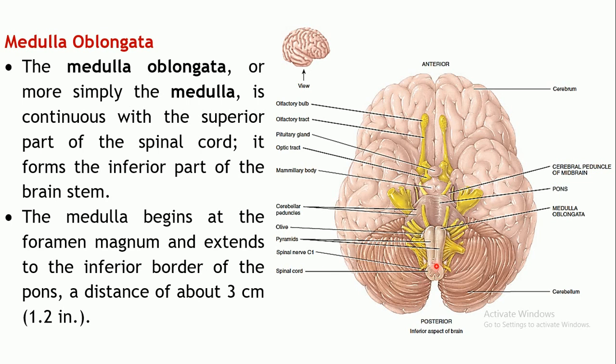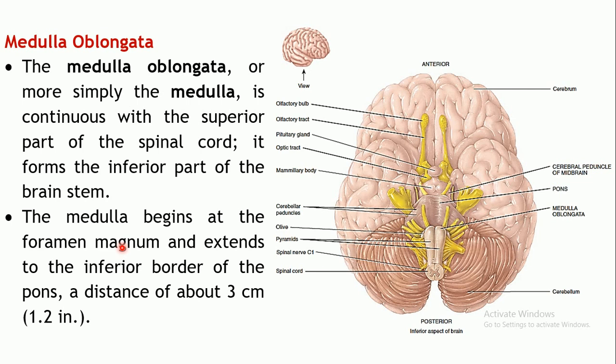This medulla oblongata begins at the foramen magnum. Remember what the foramen magnum is? Can you recall? Yes, that's the opening at the base of your skull, at which the spinal cord arises. Under the spinal cord we had seen that it begins at the foramen magnum.